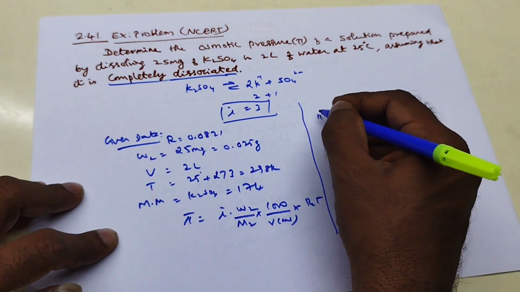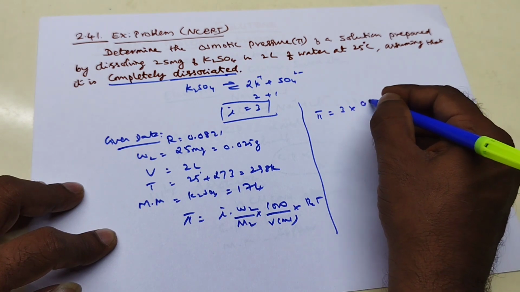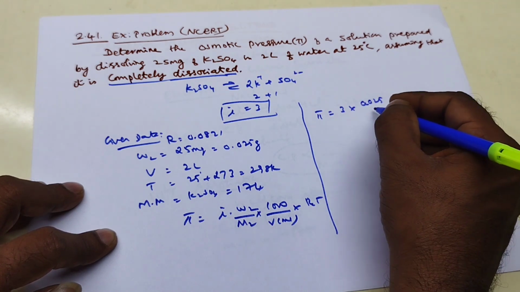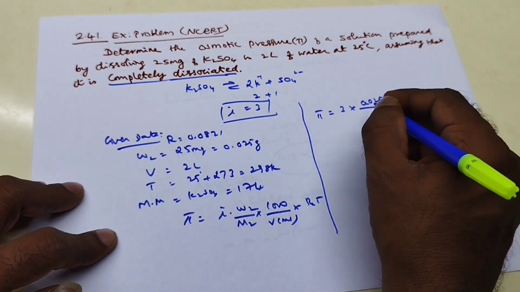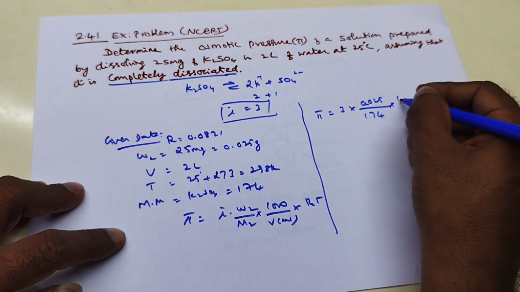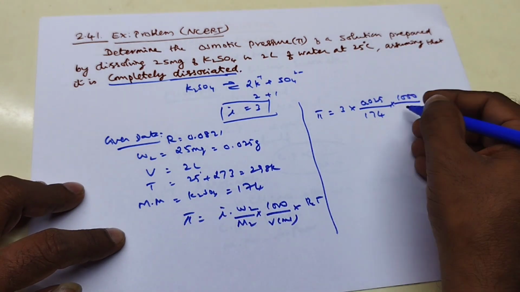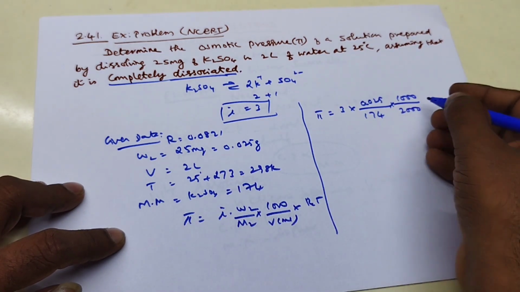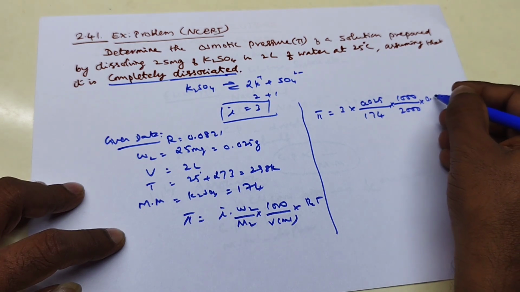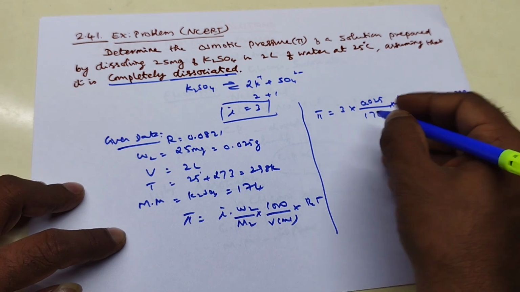Substitute these values: pi is equal to i which is 3, into W2 which is 0.025 grams, by M2 which is 174, into 1000 by the volume expressed in ml, so 2 liters is 2000 ml, into R which is 0.0821, into T which is 298 Kelvin.